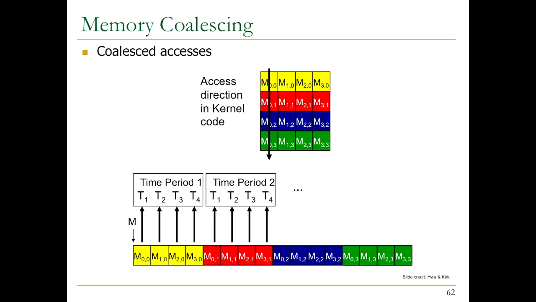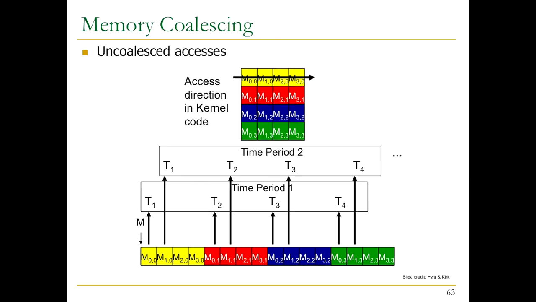So this is a coalesced access, and these, in this case, 32 elements can be loaded from memory in one step. In the second iteration, we have the same 4 threads accessing the red row, and again, we need one single cycle to access these 4 elements.